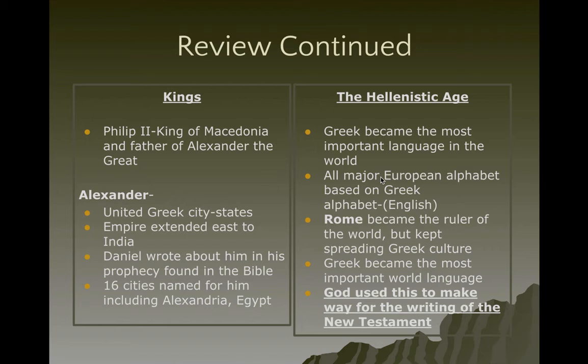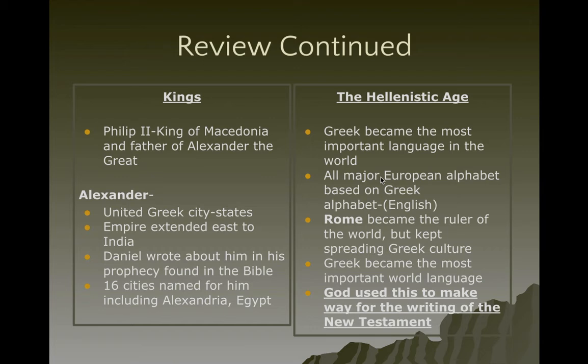He became known as Alexander the Great, and under him, the Greek city states united, and he ended up having a pretty big empire. It didn't last a long time, but it extended all the way to the east to India. It was a pretty vast empire. We know that Daniel prophesied about Alexander in the Bible.